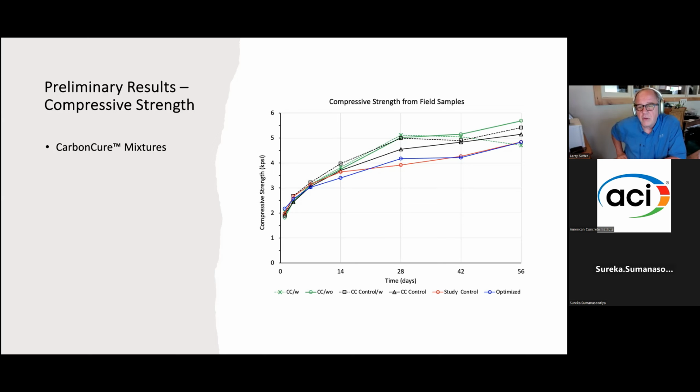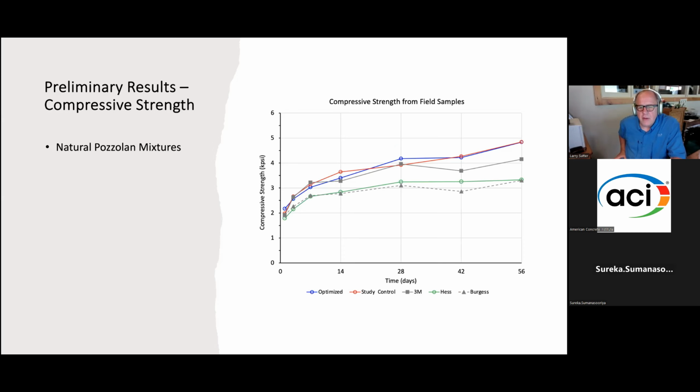And of course, the diamond you already saw, that was a control mix. So we see a slight increase in strength, especially at 28 days. At later days, we're seeing a little bit of a drop off. But again, these are field prepared samples. I think you have to take it with a grain of salt. I think the 28-day data really is probably the best indicator of what the real performance is like.